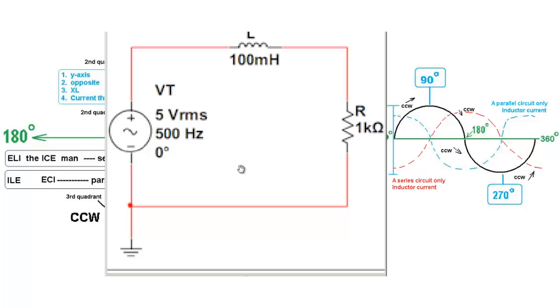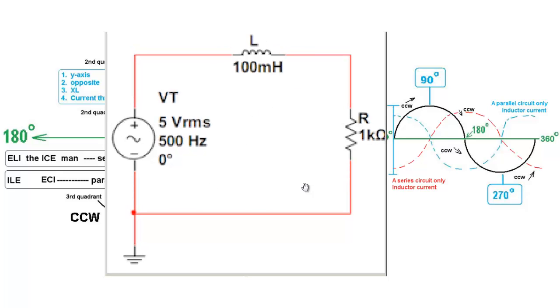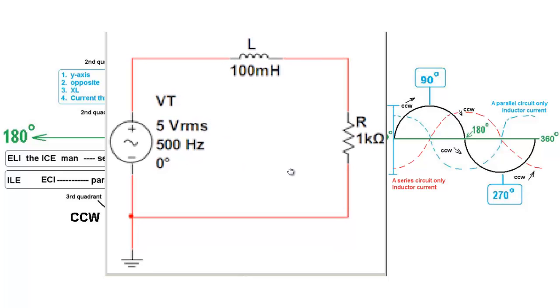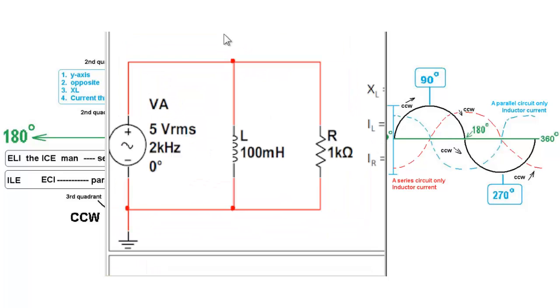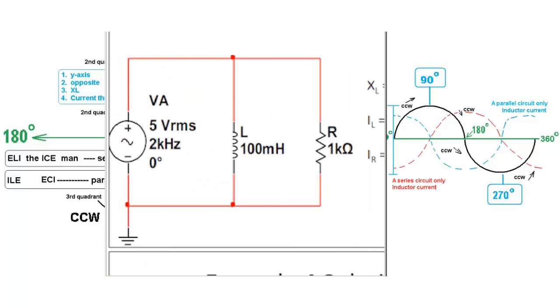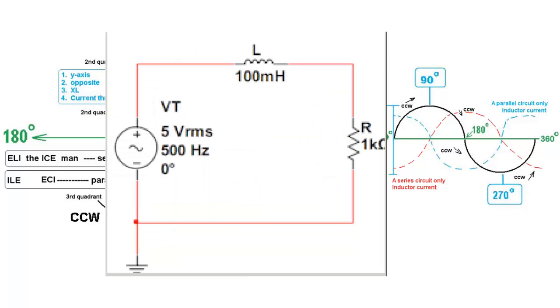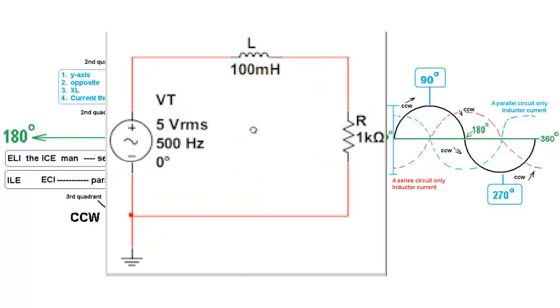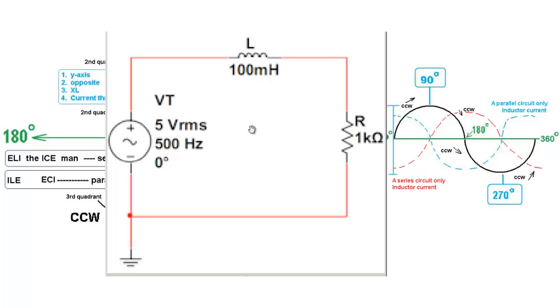But unless they're a load, this could represent a motor, this could represent some type of transducer, this could represent a solenoid switch, this could represent a lot of different things. The same is true with this parallel circuit. But in and of themselves, they do nothing. So that's one thing you should keep in mind.